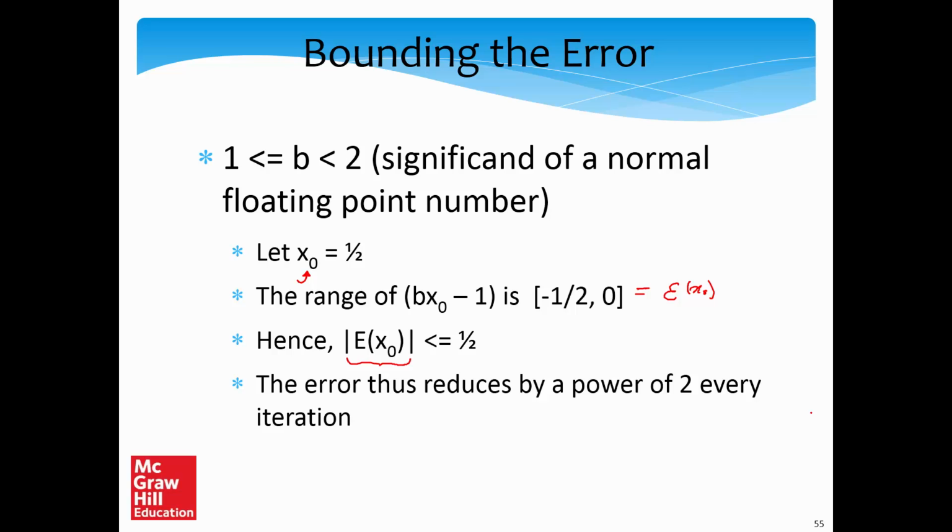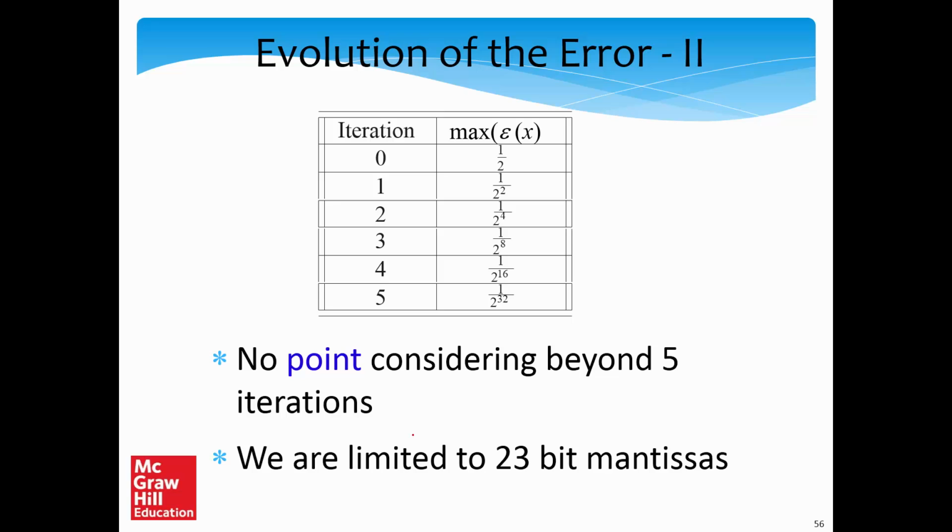So the error will ultimately converge to 0. So this at least tells us that our initial estimate, if we set x0 as half, is a good estimate, because we can not only bound the error, but in repeated steps the error will ultimately converge to 0.